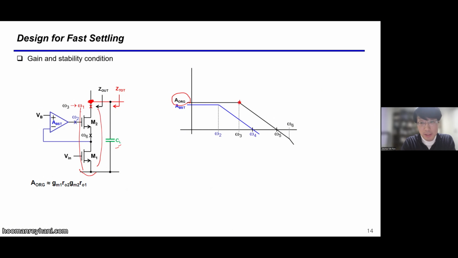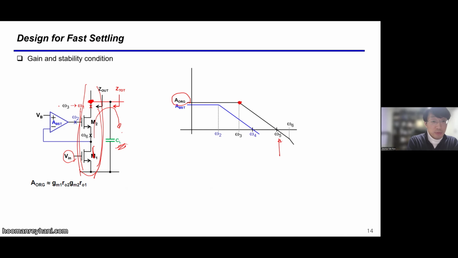So let's say this is the one. And the unity gain frequency of this cascode is just, as we know, GM and CL. GM V in goes through CL at high frequency and then it becomes unity. So that is omega 5.